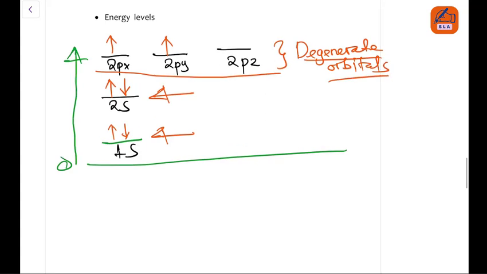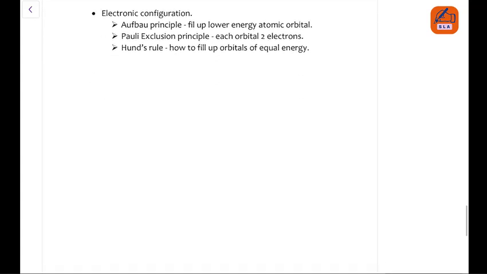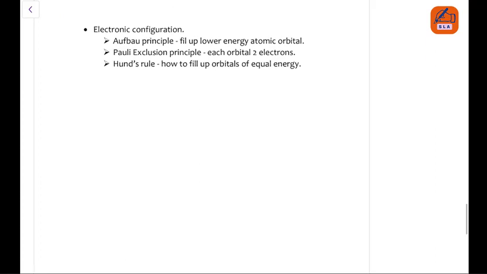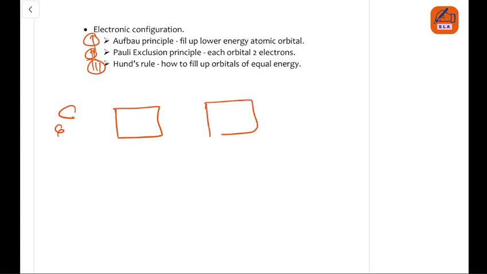Let's come to how we fill these orbitals. We fill them according to three principles: the first one, second, and third one. So for carbon 6, these are the orbitals. You know this stuff. I'm just refreshing your knowledge.